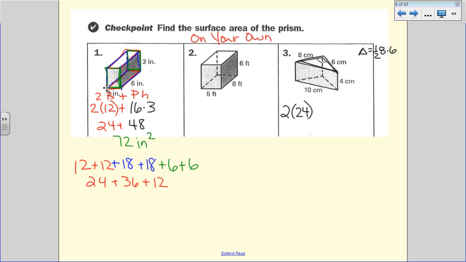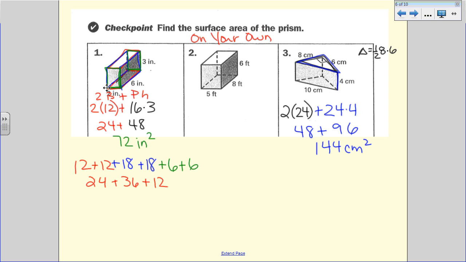The perimeter of that base is 8 plus 6 plus 10, so that's 24, times the height of 4. So 2 times 24 is 48, and 24 times 4 is 96. And so that's 144 centimeters squared.